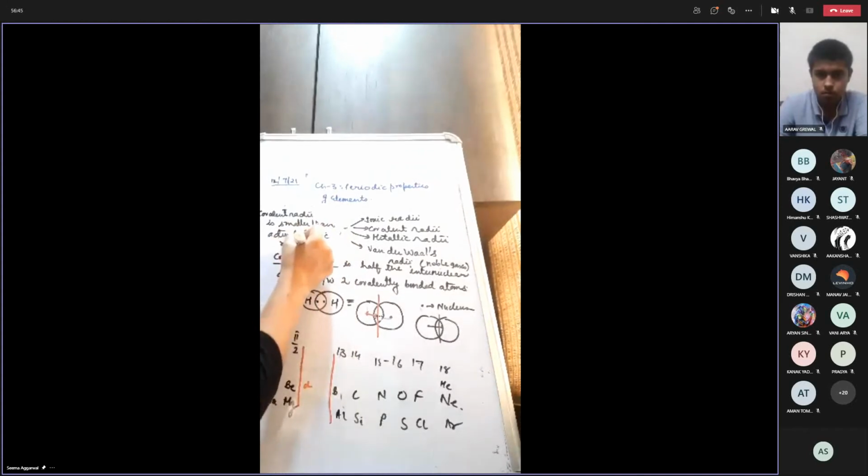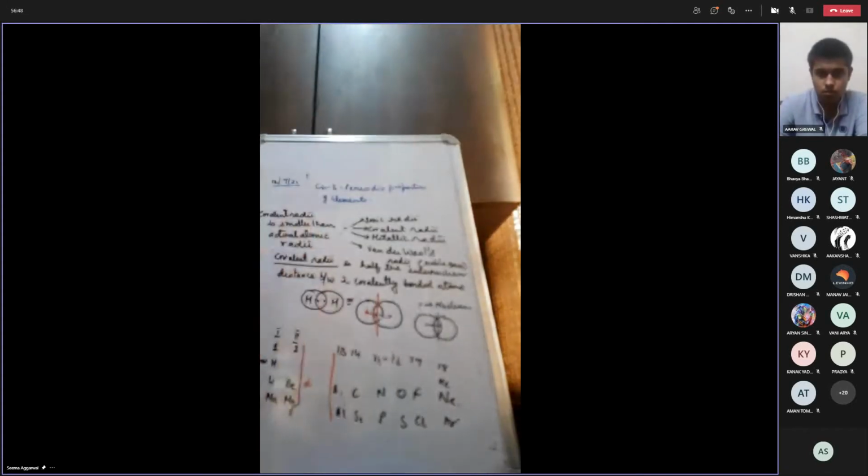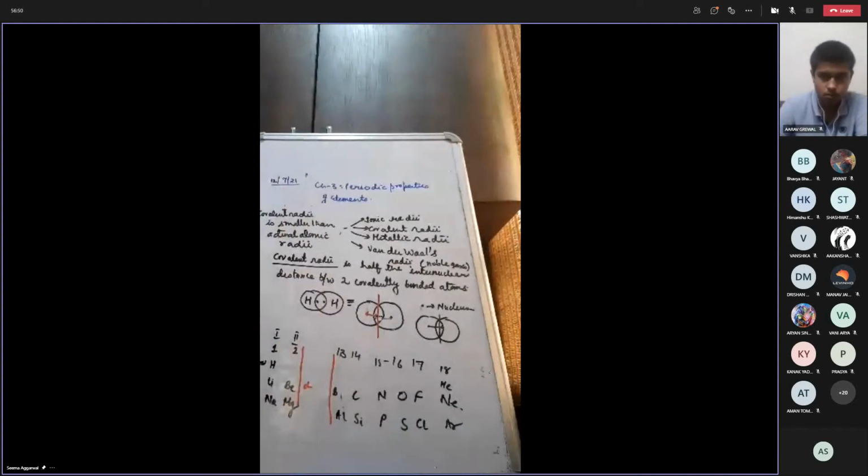The actual atomic radii we can't find out. Reason I have told you, just write down a question. Why we cannot determine actual atomic radii? What is the answer?